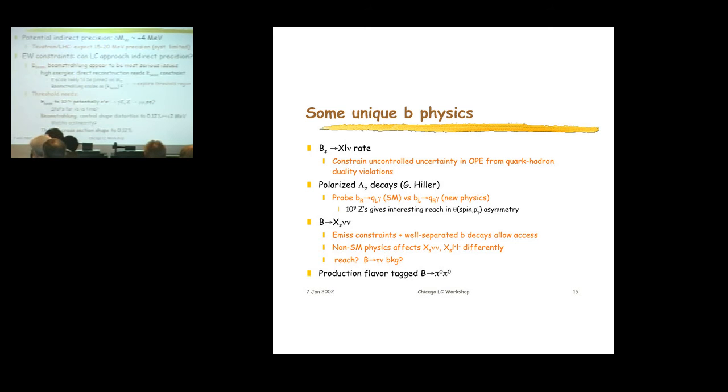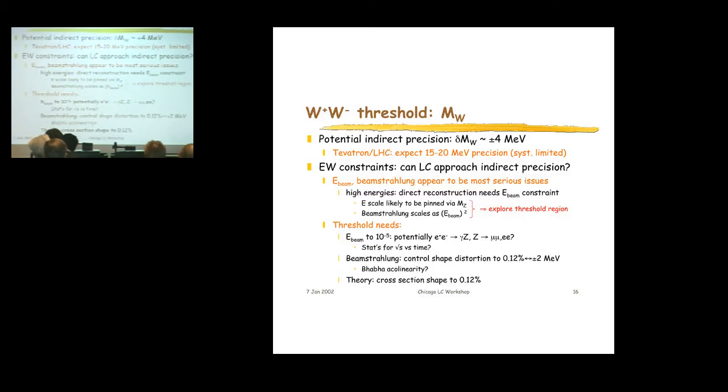Finally, going to the WW threshold to extract M_W, I'll mention again that the potential indirect precision on extracting the W mass is about 4 MeV, so it would really be nice to improve on the 15 to 20 MeV precision that you could get at the Tevatron or LHC.